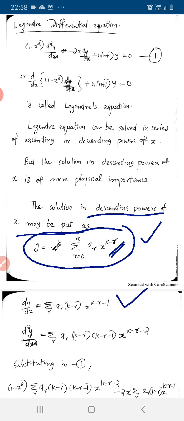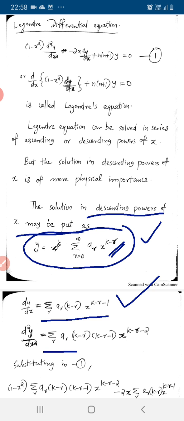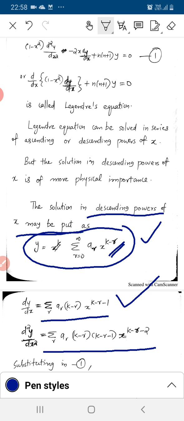Then dy by dx is sigma a_r (k minus r) x to the power k minus r minus 1. And d square y by dx square is sigma a_r (k minus r)(k minus r minus 1) x to the power k minus r minus 2. Okay, so this is y.